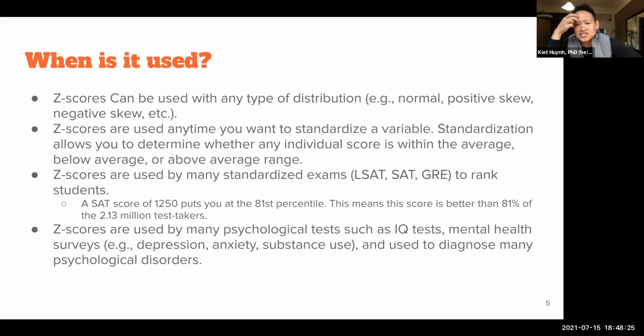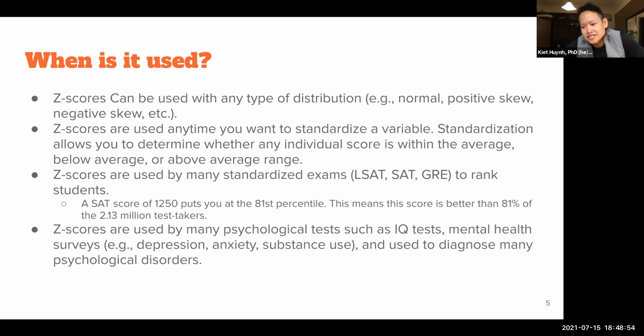A positive skew, or right skew, is where the values start very low for the first few and then stack up very high as it reaches a higher value. Then you have negative skew as well. So these are all just different distributions that a variable could take. And z-scores could be used with any of these distributions.